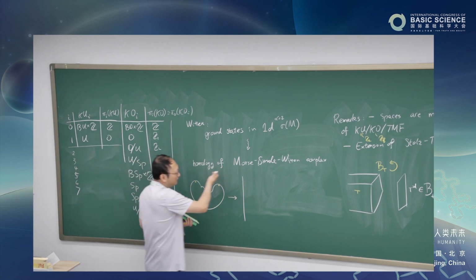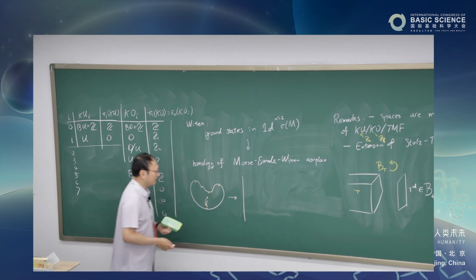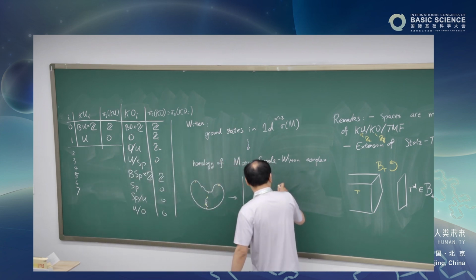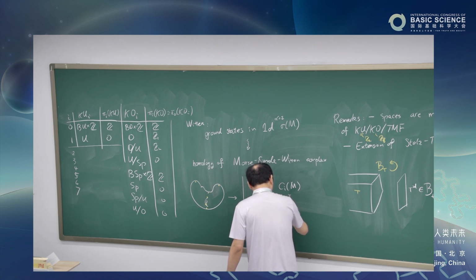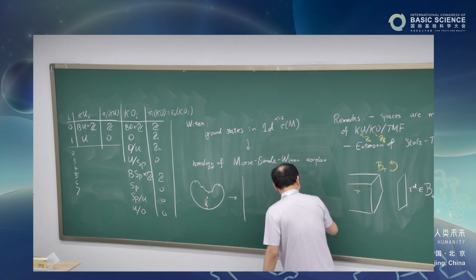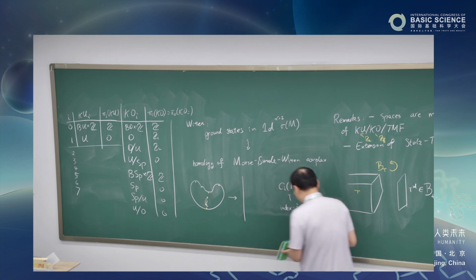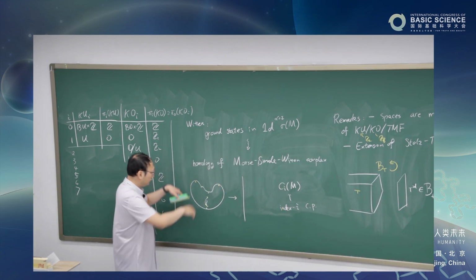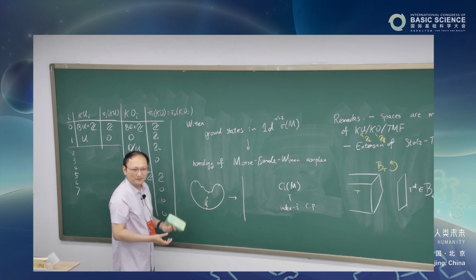And this complex is constructed by taking index I critical points. And index means the number of downward directions.